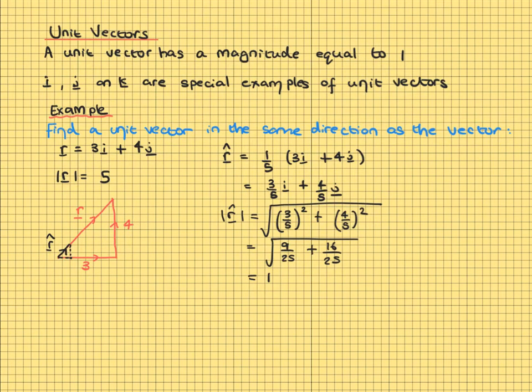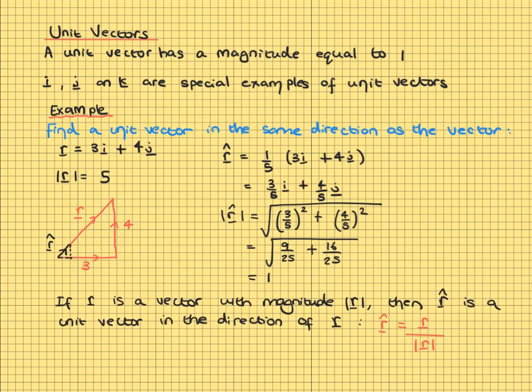So if we want to work out a unit vector that is in the same direction as another vector r, we simply take that vector r and divide it by its magnitude. And here's this written as a formula. r hat is equal to r divided by mod r. And that's a really useful way of working out a unit vector in a particular direction.